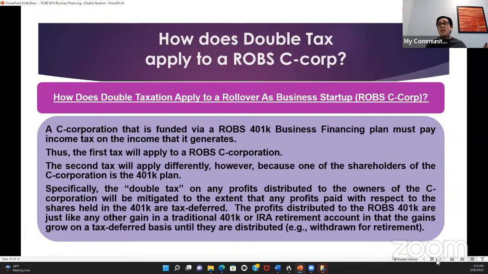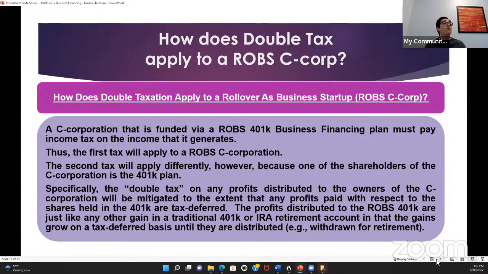So now that we've laid the foundation, we understand what double taxation is conceptually. Now let's determine how that might apply for a business that's funded via a ROBS 401k plan, a rollover as business startup. So a C corporation that is funded via a ROBS 401k plan must pay income tax on the income that it generates.